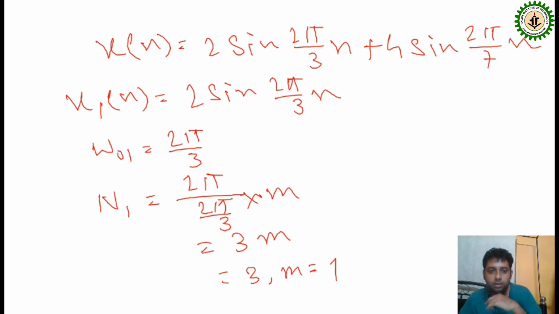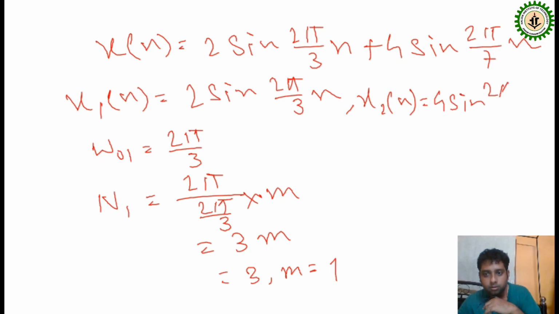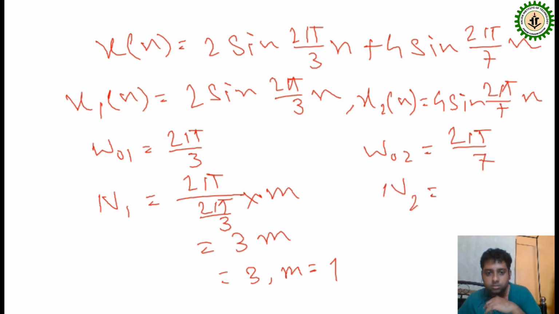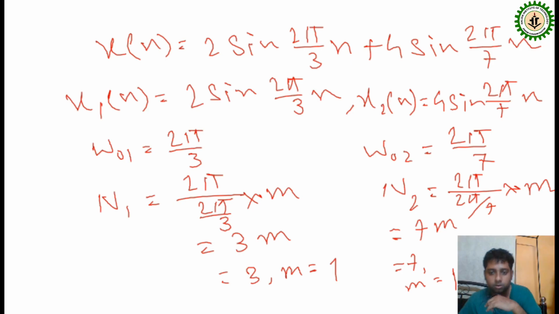Similarly, x2[n] is 4 sin(2 pi by 7 n). Now omega naught 2, that is the frequency, is 2 pi by 7. N2 is 2 pi divided by 2 pi by 7 into m, and from there it will be 7m, that is equal to 7 when m is equal to 1.